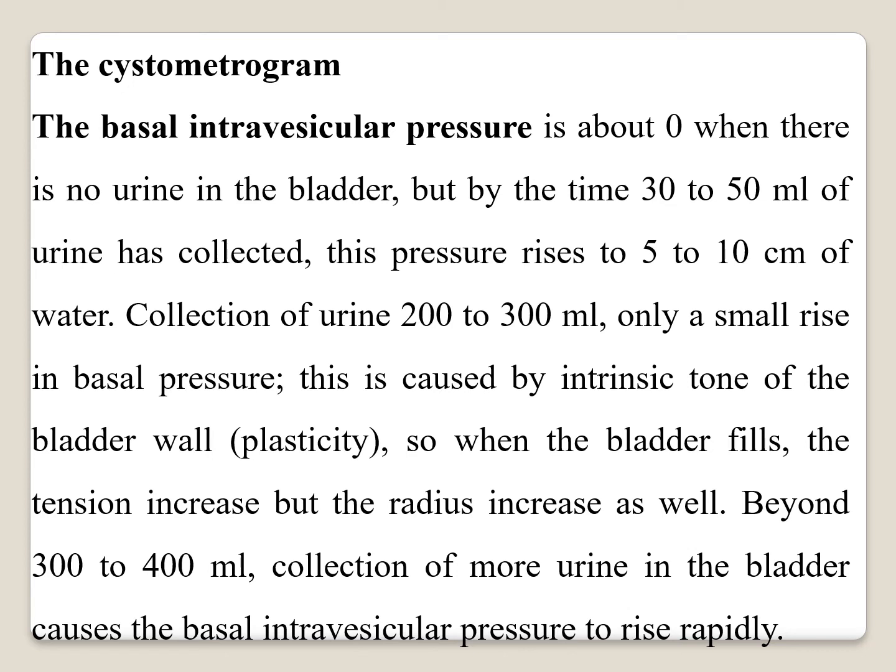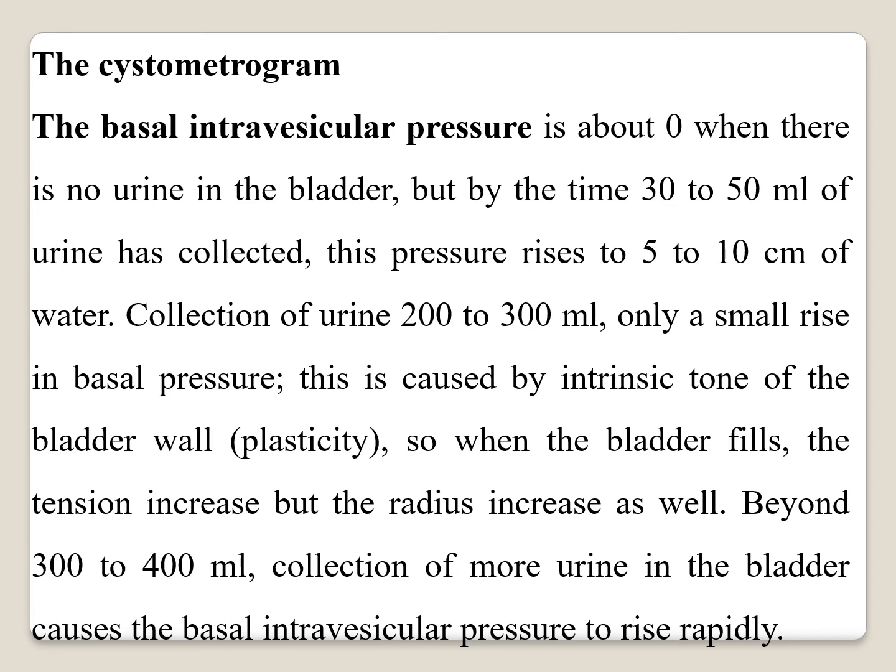Then if the urine collected is about 200 up to 300 milliliters inside the bladder, this leads to only a small rise in the basal intravesicular pressure.